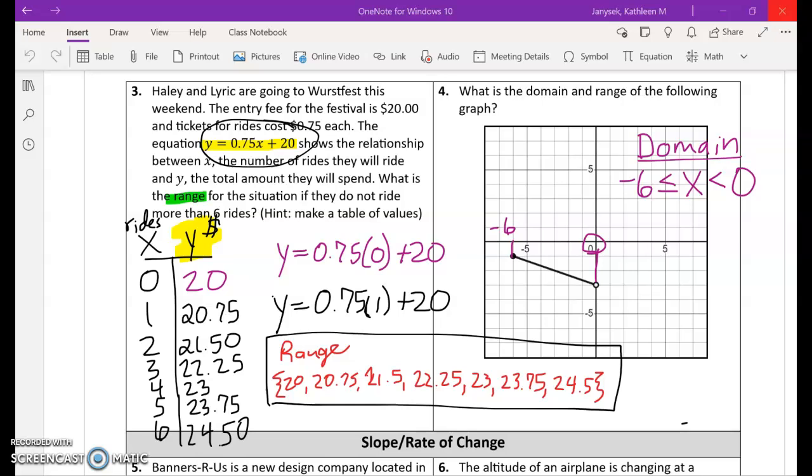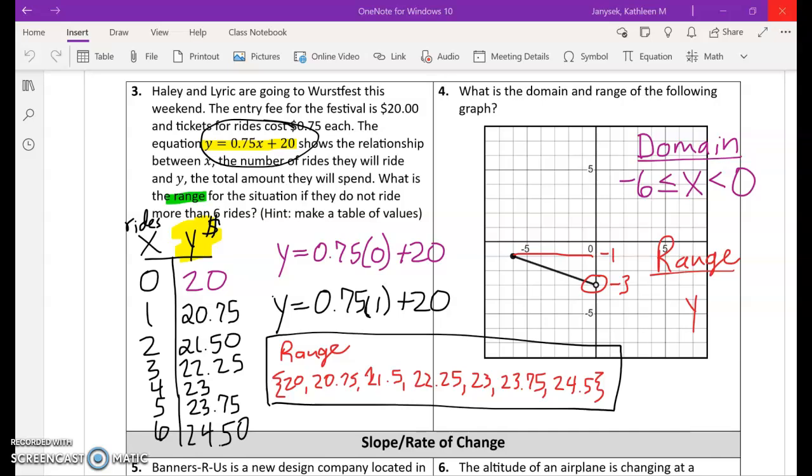Now our range are the y's. So I'm going to go ahead and erase these off of here. My lowest y value is right here at -3, and my biggest is at -1. So it doesn't really go very high at all.